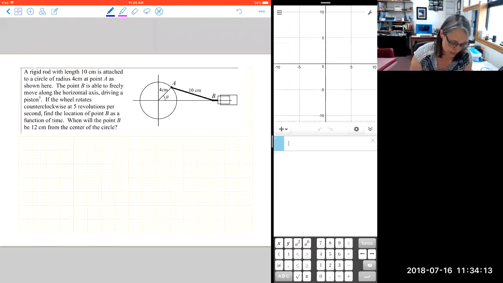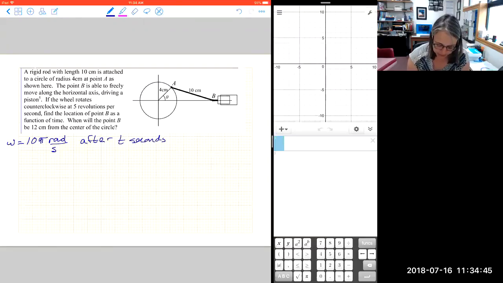So my rotational speed is 10 pi radians per second. So that is my rotational speed. So after t seconds, my wheel will have rotated 10 pi t radians, right? Okay.